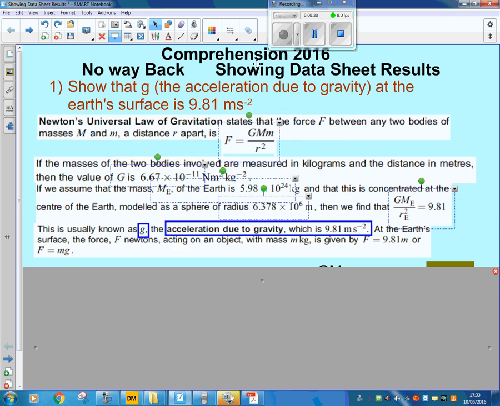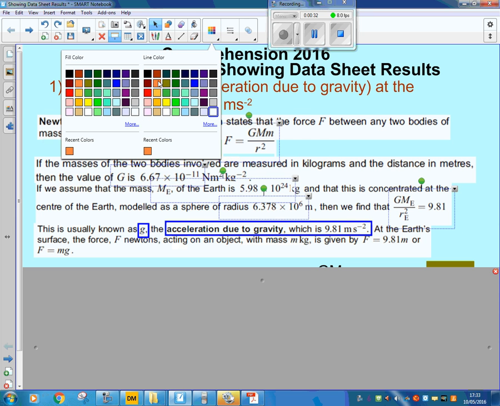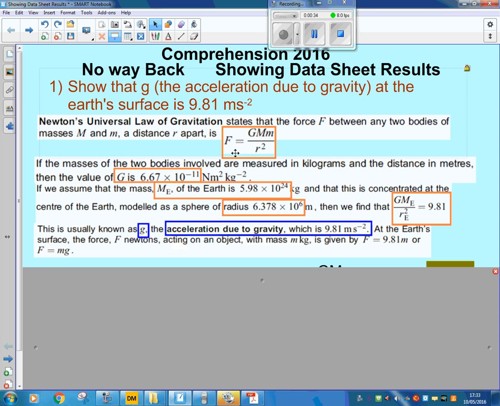So if I just change the colouring slightly here, the key information. Firstly, Newton's universal law of gravitation, F equals G, capital M, small m over r squared. Now G is a constant and its value is 6.67 times 10 to the minus 11.